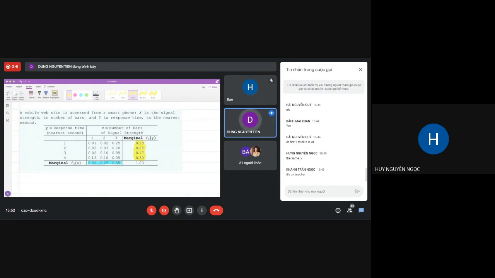Okay, so we just finished this chapter of random variables. And this here is the outline of what we have learned so far in this chapter.